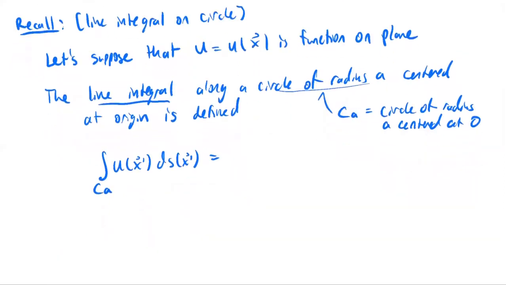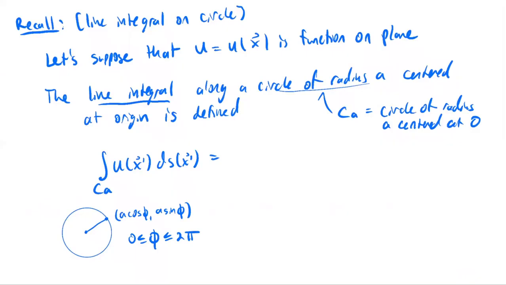And so let's suppose this is my circle C_a, this is the origin. Well, I can parametrize points by a cosine phi, a sine phi, as phi ranges between 0 and 2 pi.